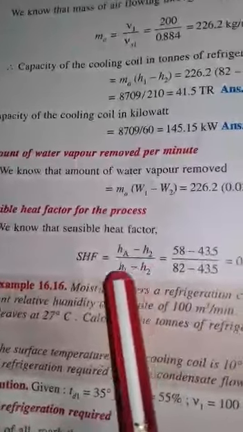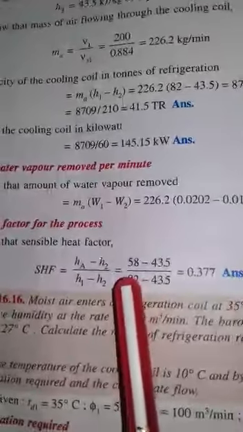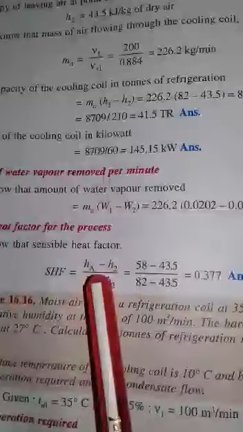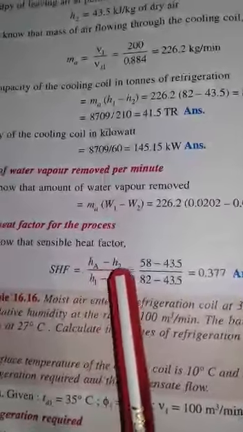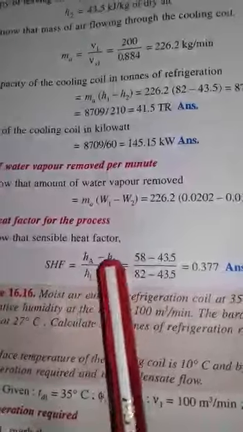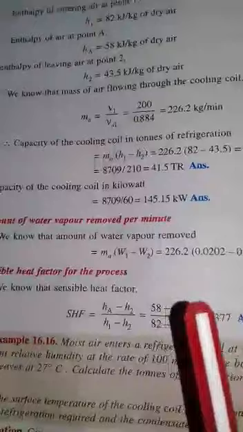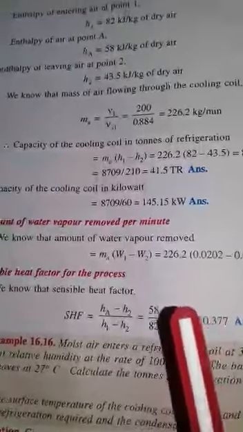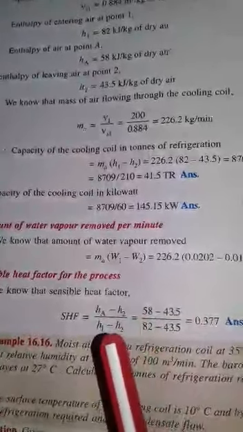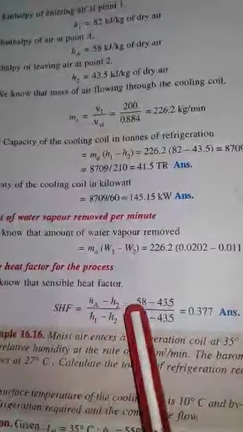H1 minus H2 means total heat, that is the sum of sensible cooling and latent cooling. So it is 58 minus 43.5 over 82 minus 43.5. We get the value. So we have calculated all the things which are required in the numerical. Thank you.